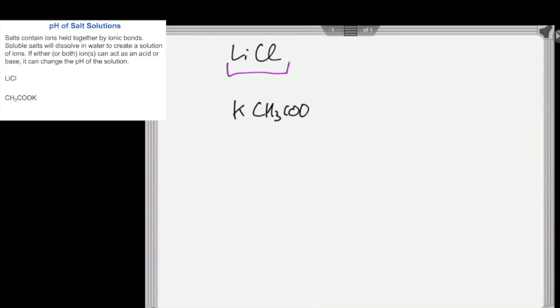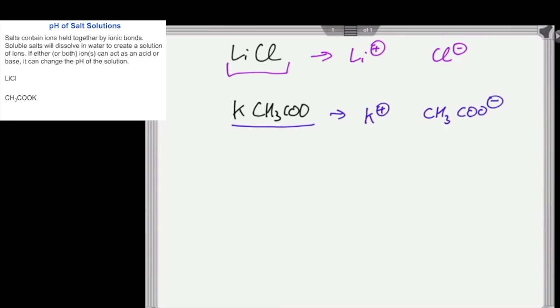So lithium chloride, when it's in water, will dissociate into lithium plus and chloride minus, whereas potassium acetate will dissociate into potassium plus and acetate, this more complex molecular anion, CH3COO minus. So that's first, being able to split these things into the representative ions.